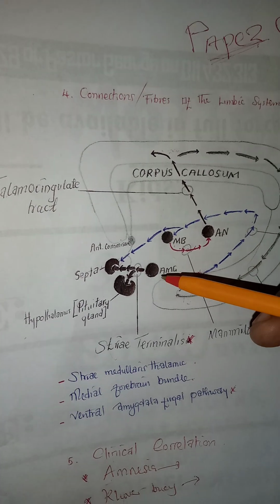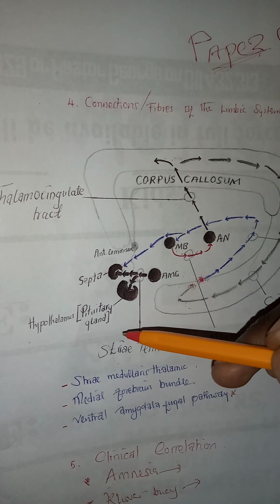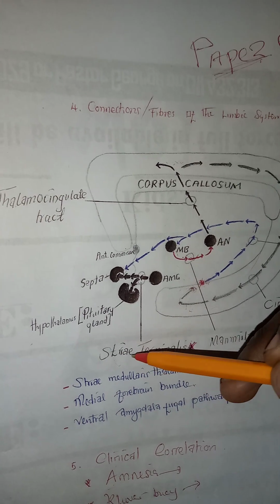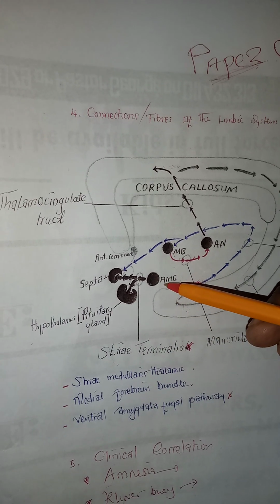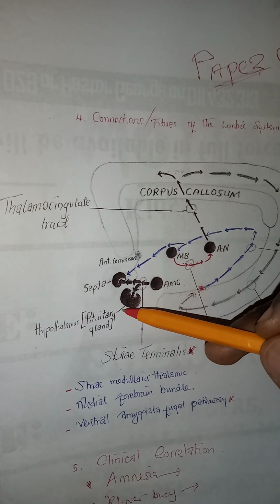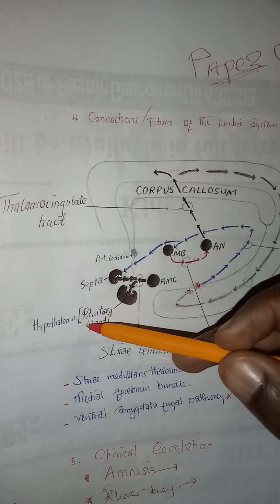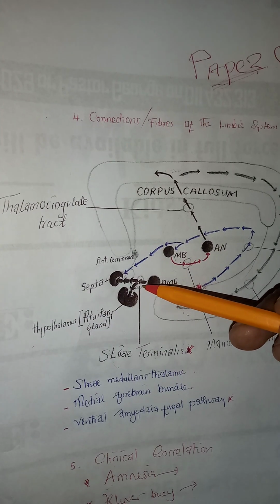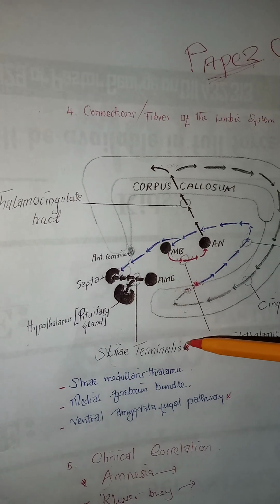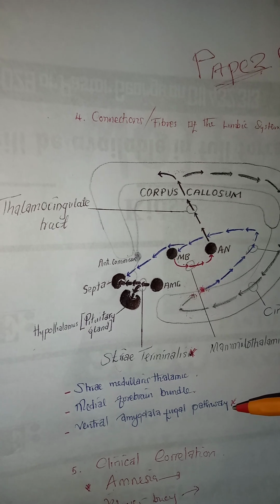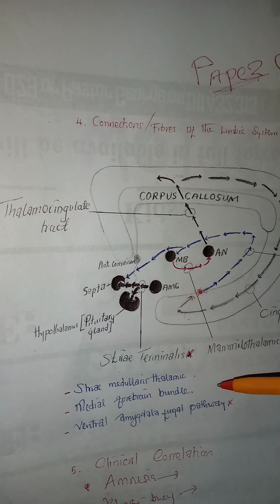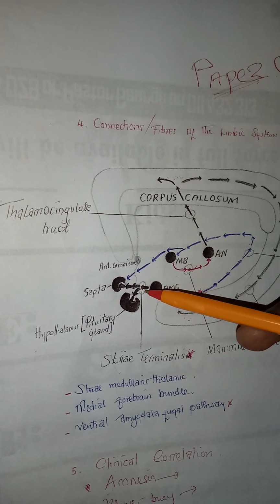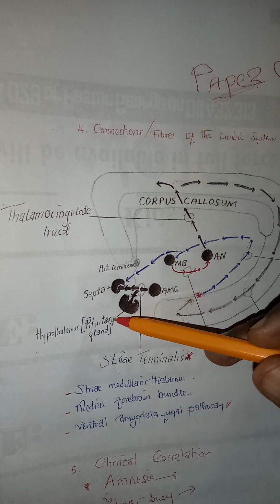Another connection we are going to see is the stria terminalis, which connects the amygdala to the septal region as well as to the hypothalamus. The stria terminalis, as well as the ventral amygdalofugal pathway, pretty much do the same job. They connect the amygdala to the septal area as well as to the hypothalamus.